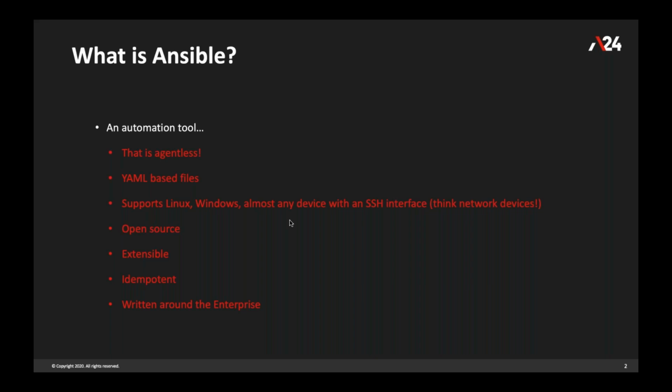So all the code that underpins Ansible is intelligent enough to go, okay, I see that that change has already been made. I'm not going to run it or make the change a second time. So it is designed to produce steady end state results. And it's very much written around the enterprise, which is one of the other big drivers for the adoption and one of the reasons for Red Hat acquiring it.